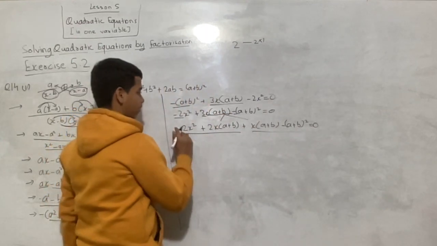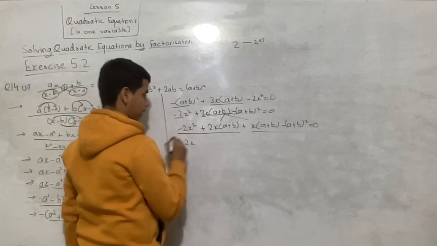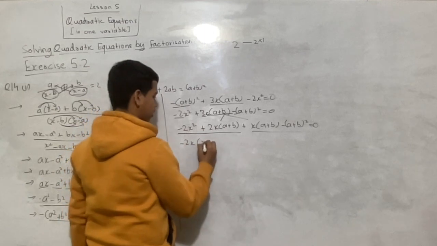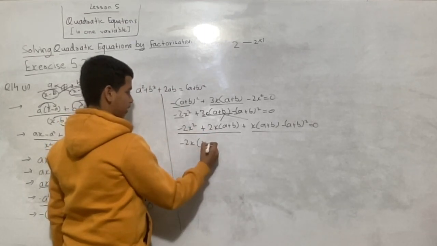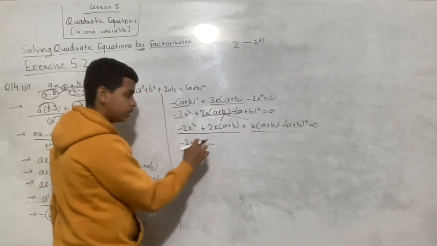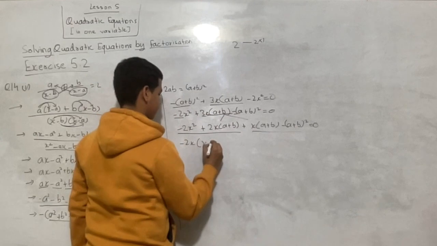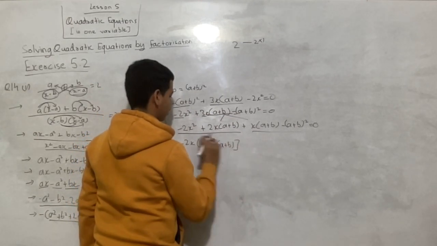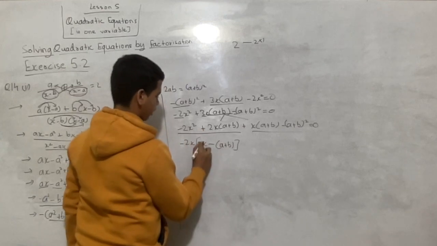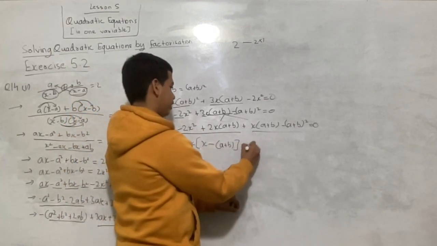Here I have minus 2x common. I am taking minus also. Here x plus, and what is left here? Minus, not plus, actually minus, because minus and minus is plus. So x minus, what is left? (a plus b). X minus (a plus b) is left here, let me put it in the brackets. Now after this we have the same thing here.